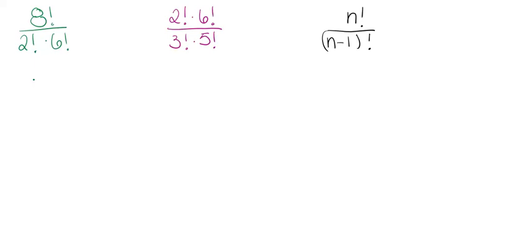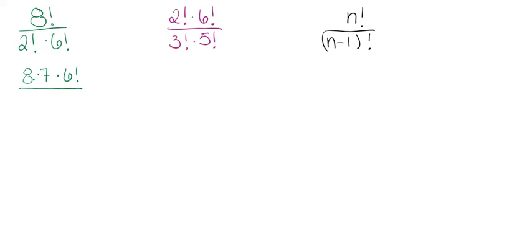So for this first one, we could write out 8 times 7 times 6 times 5 times 4. We could do that pretty simply, but it takes time and a lot of effort. Instead, I could rewrite the numerator, 8 factorial, as 8 times 7 times 6 factorial, because it's the same thing as 6 times 5 times 4 times 3 times 2 times 1.